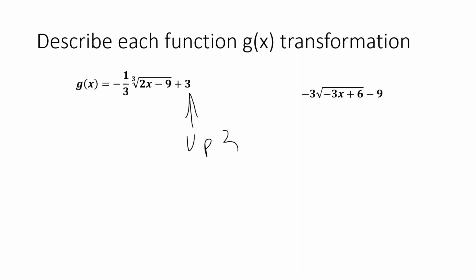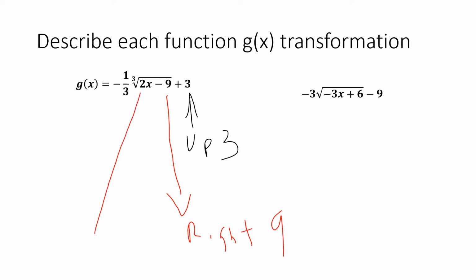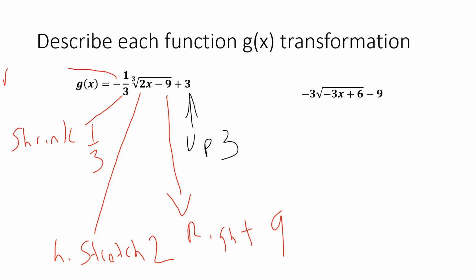Up 3, right 9, horizontal stretch 2, shrink by 1/3, and reflect vertically.